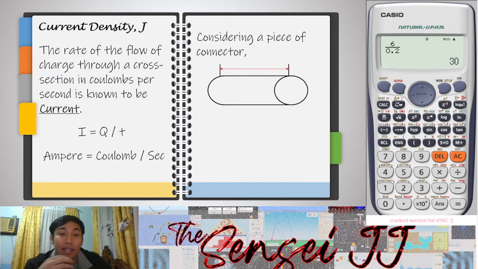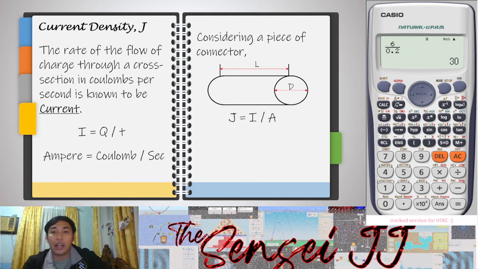It's cylindrical in shape, and the diameter of our cylinder is quite big. If you zoom it in, for example, in a microscopic manner, this is what it will look like. We have here our length, we have here our diameter.